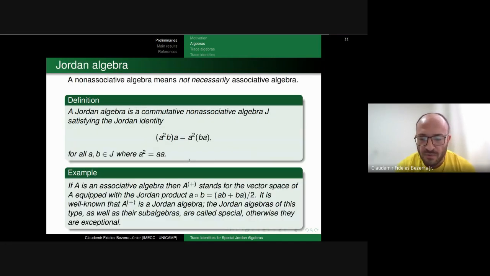Another example comes from Jordan algebras. Here, non-associative algebras means not necessarily associative algebras. An algebra is called a Jordan algebra if it is a commutative non-associative algebra and satisfies the Jordan identity, this one.